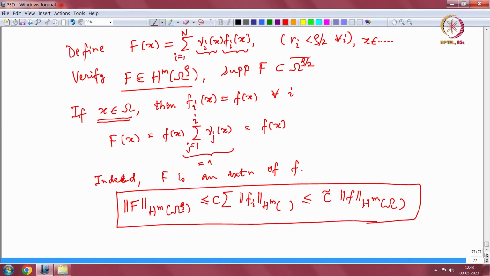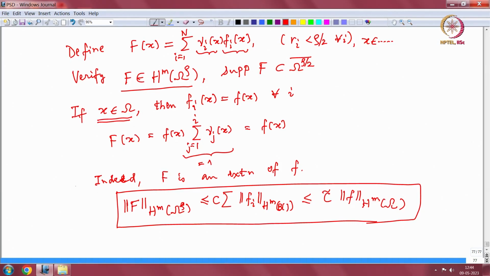So that is the required estimate, coming from the assumption that each f_i is an extension of f satisfying certain bounds.